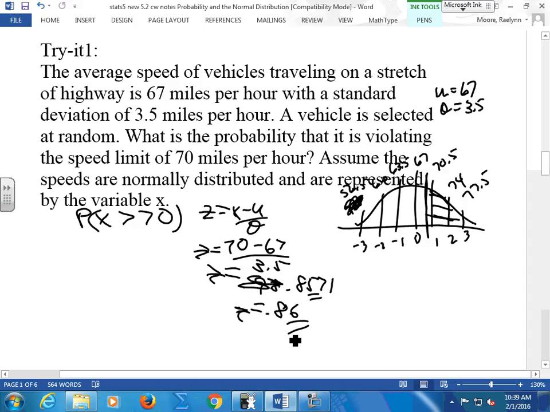So I said, yeah, it will fall between 0 and 1. Now, when I look this up, my area is greater than 50%. I want less than 50%. So that tells me right away I have to subtract from 1. So what's your area when you look up 0.86? Anybody look this up?